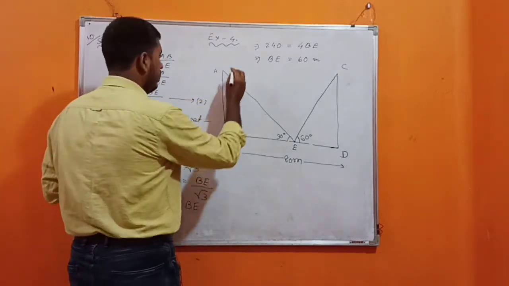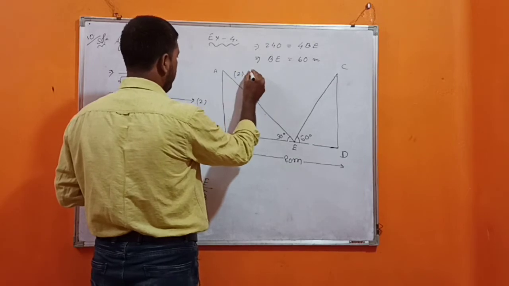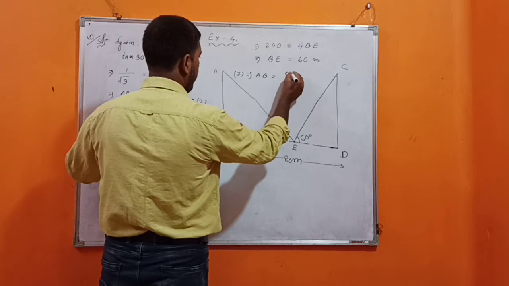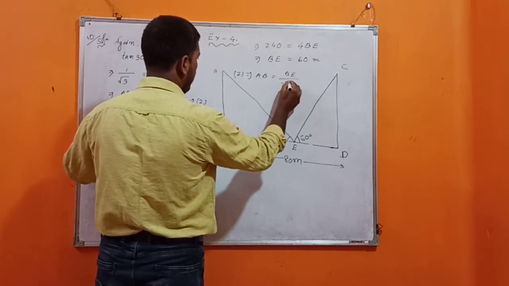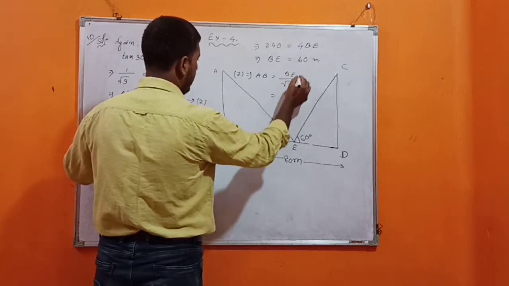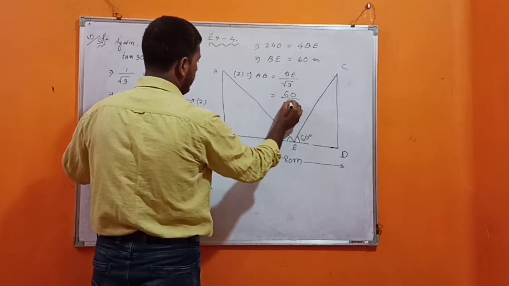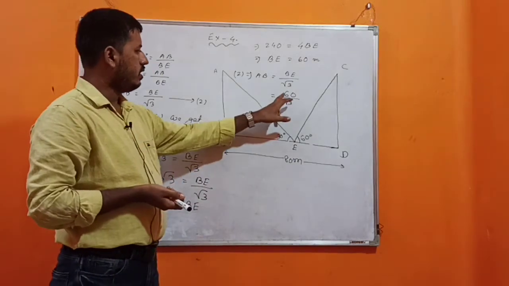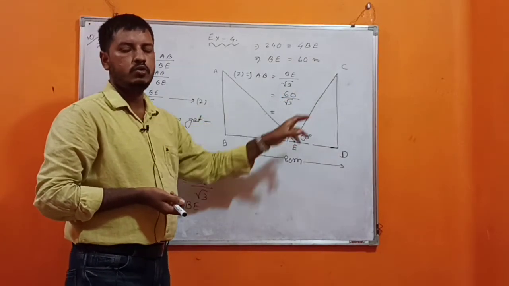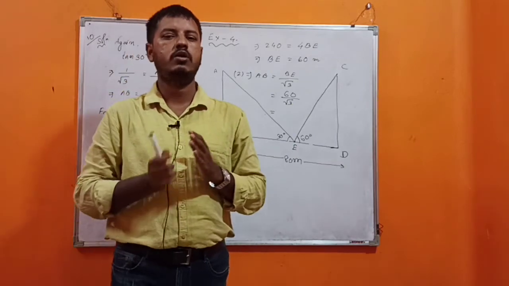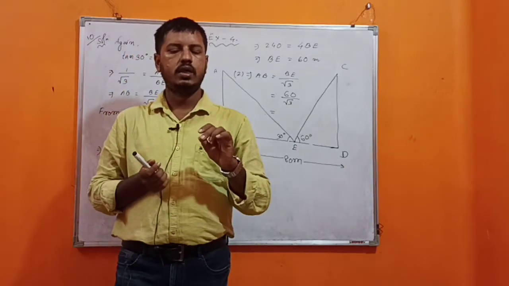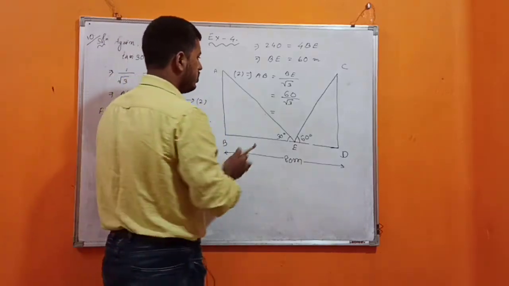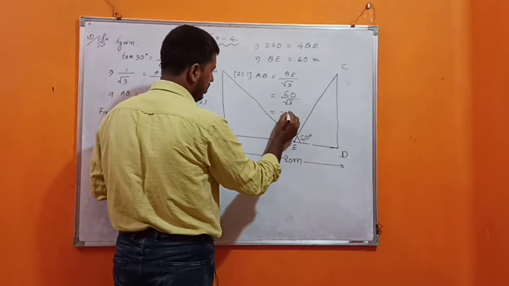So now I am writing from 2, AB equals BE by root 3, and BE is 60, so 60 by root 3. 60 can be written as 20 into 3, and 3 can be written as root 3 into root 3, to cancel the root 3 in the denominator. So it will be 20 root 3.